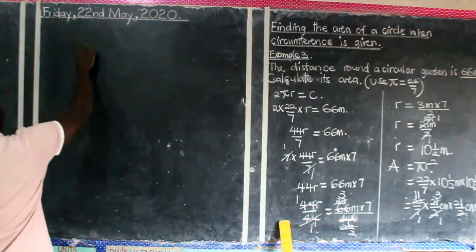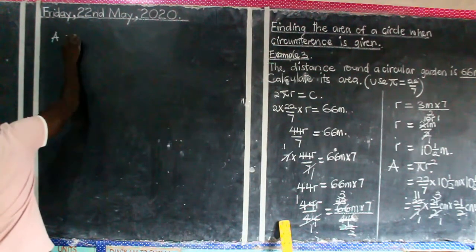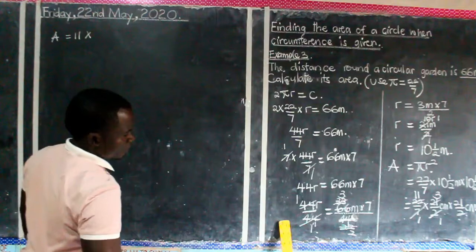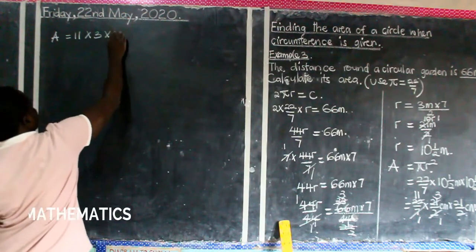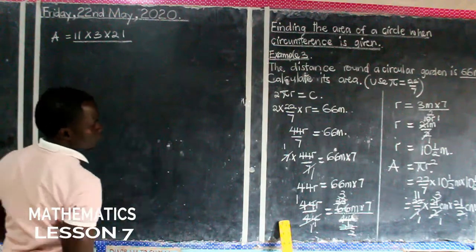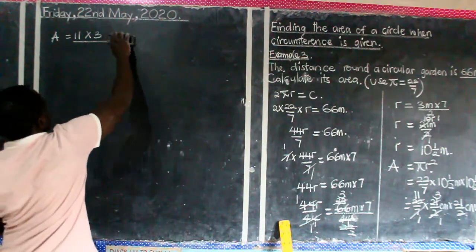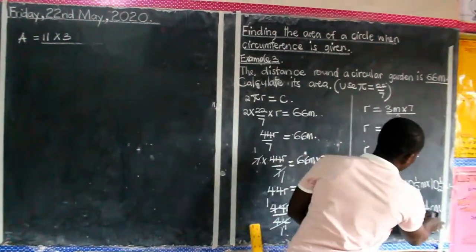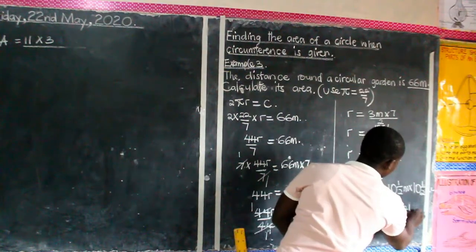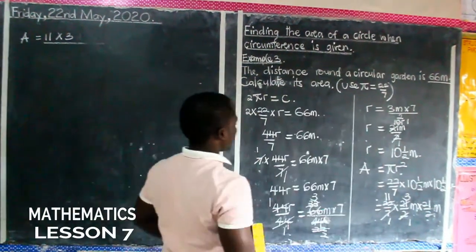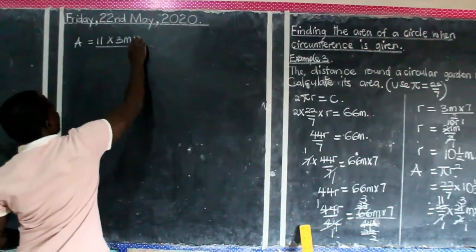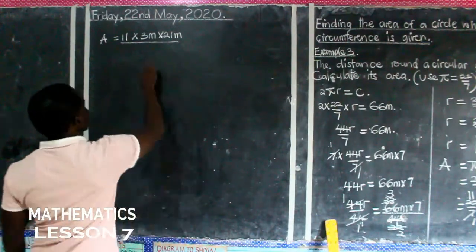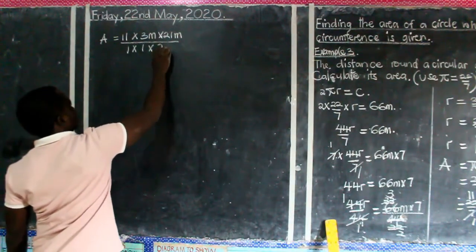What have we remained with? We remain there with area equals 11 times 3 times 21 out of 1 times 1 times 2, that is, 3 meters times 21 meters out of 2.